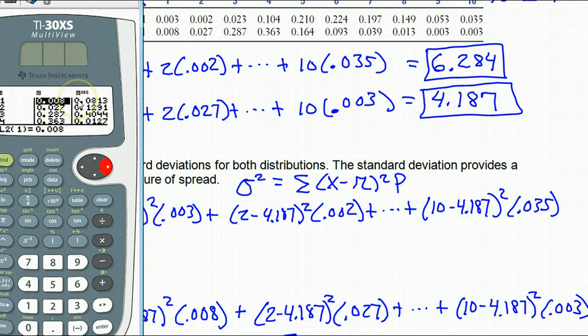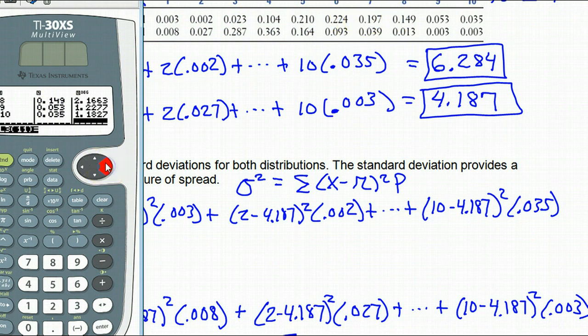So this first probability is 0.003, for example, just type right over it, 0.002, and so on off camera. I just changed all the probabilities back to the probabilities for the owned units.